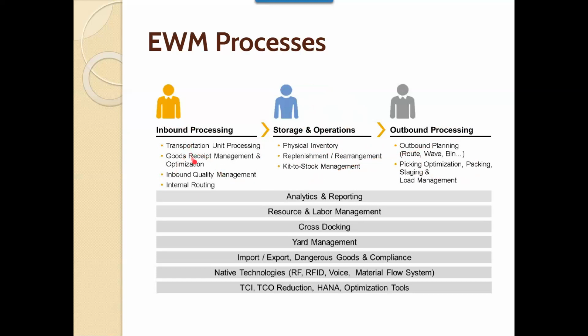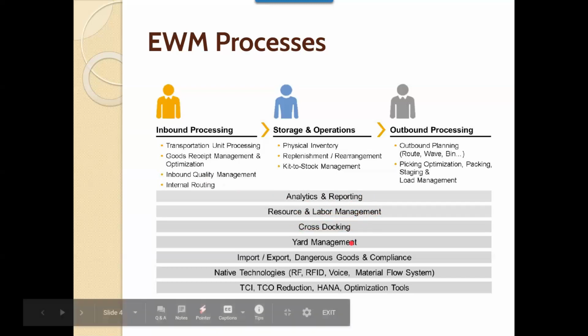Across all three of them, you have analytics and reporting, resource and labor management, cross-docking, yard management, import and export, dangerous goods and compliance, and RF, MFS, and other reports and optimization tools. You have to understand all these things.